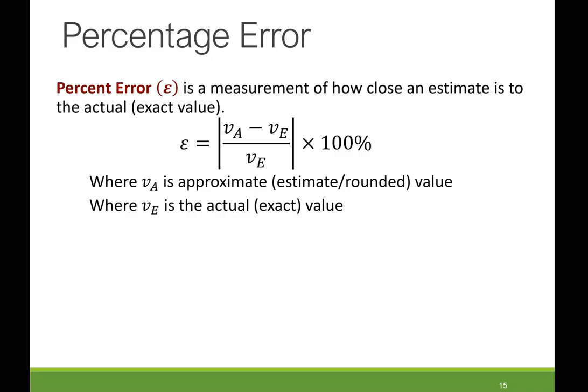The difference between your measured value and the actual value is called the percent error, which is the difference between the approximate and the exact, divided by the exact. And then you take the absolute value because you don't have a negative percent difference, and multiply by 100 to turn it into a percentage.